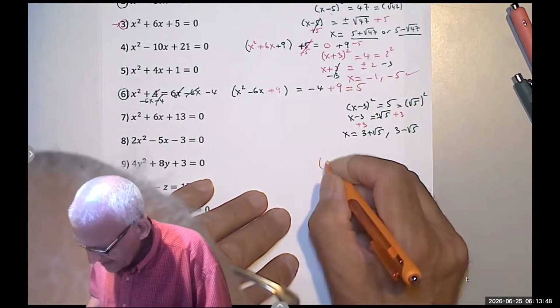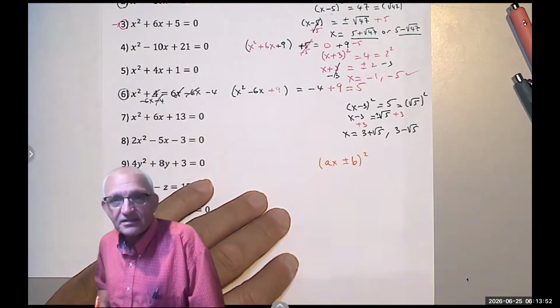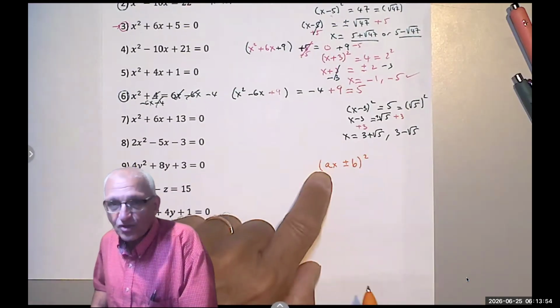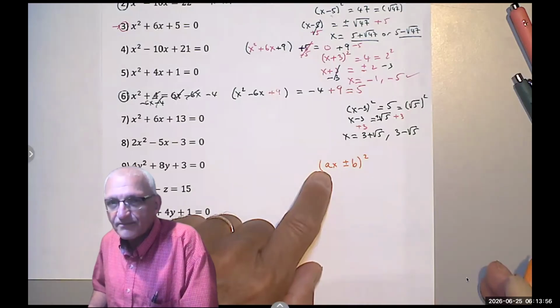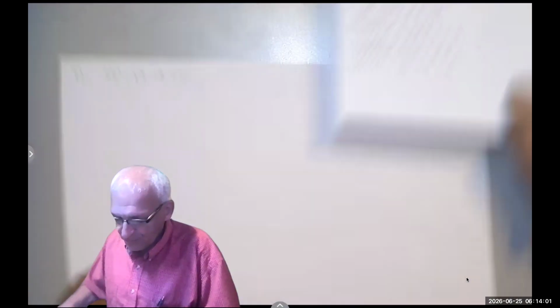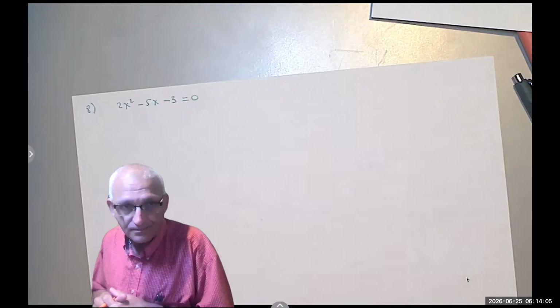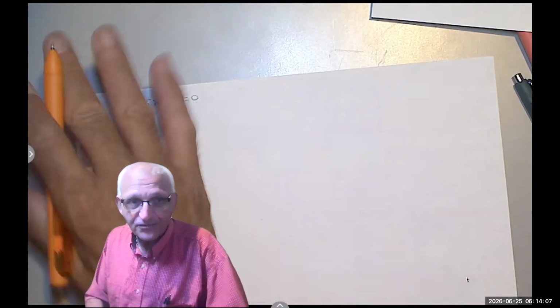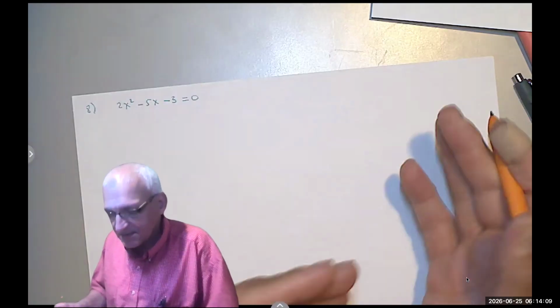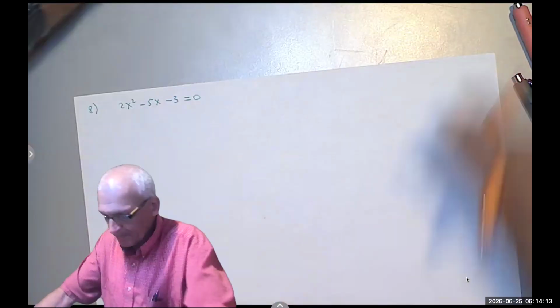It's, for example, ax plus or minus b quantity squared, because the x coefficient is no longer 1, it's something else. Of course, the method you will learn is to divide the whole equation by 2. Let's do it first, and then I will tell you what else we could do.